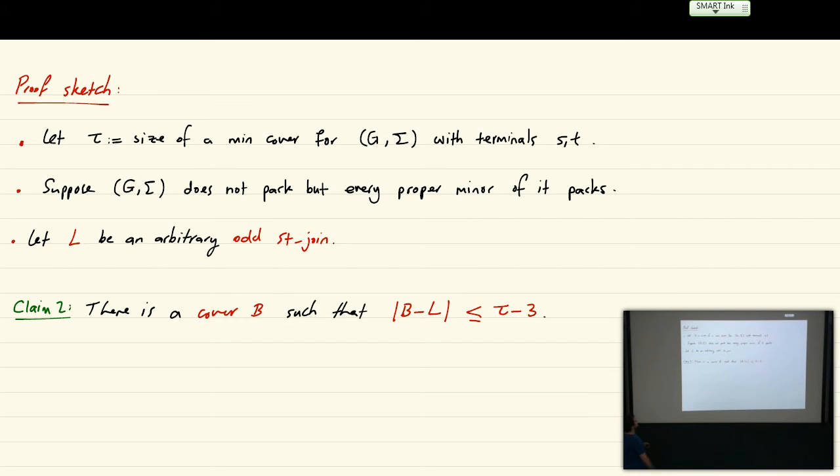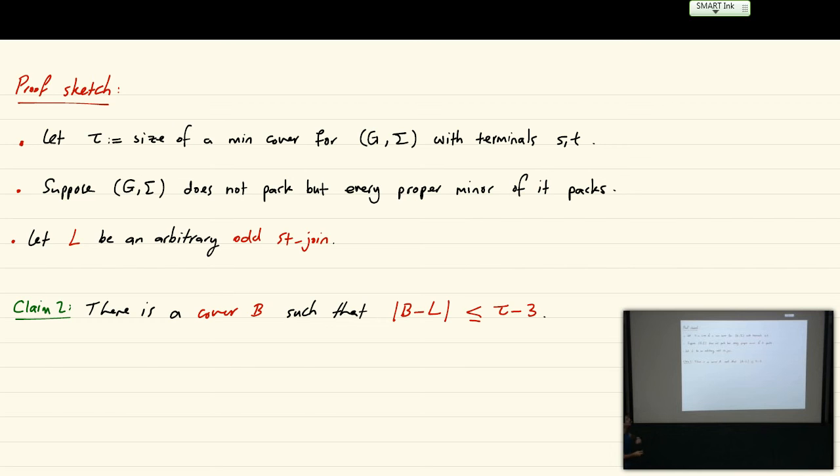And the second one is more of a local property. So you give me an odd S-join, let's call it L. Then what we can show, which is quite easy, is that there is always a cover B so that B minus L has size at most tau minus 3. So this L takes up too many edges from a cover.